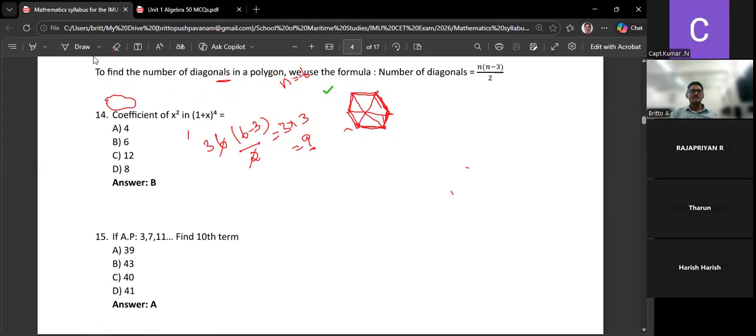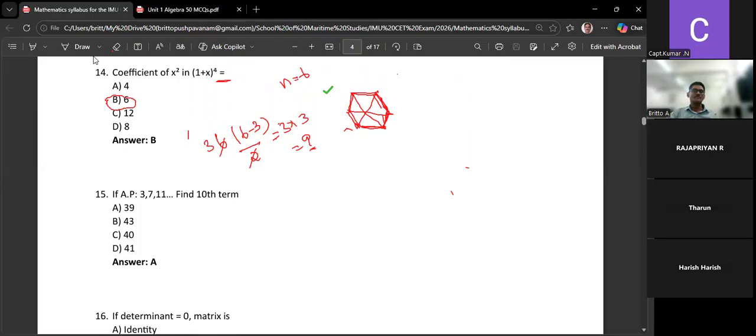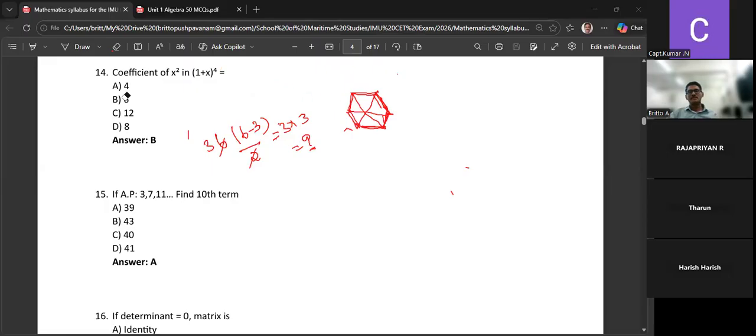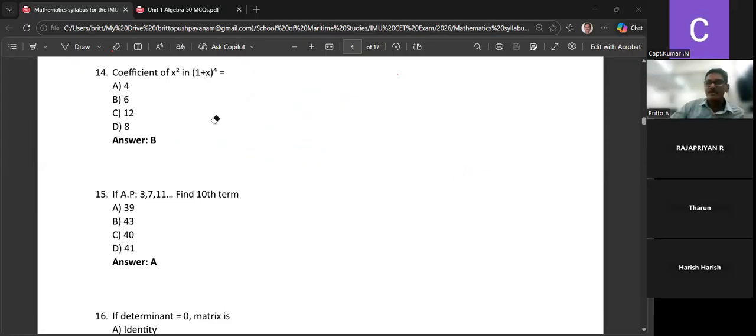Now, go on to the next question. Question number 14. The question is this: what is the coefficient of x square in the expansion of (1 + x) to the power 4? So here you can use the binomial theorem.